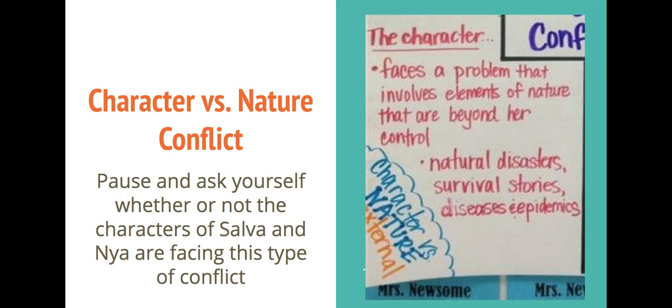All right. Now this one, I thought about what book to use as an example, and then I realized I had the perfect example for a character versus nature conflict, and that is you.